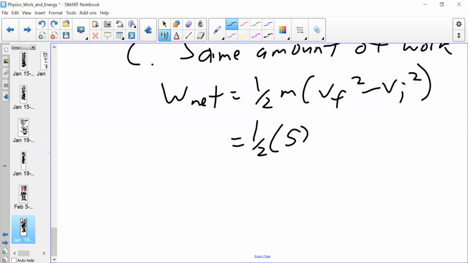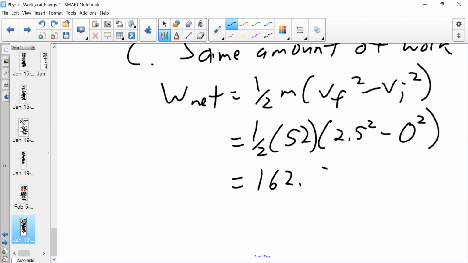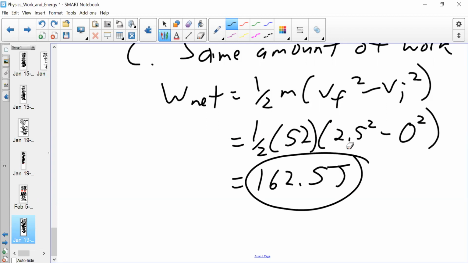She came from 2.5 to 0, and now she's going back to 2.5 from 0. So we're just changing our perspective on it. So 0 squared. That's that. It's the same amount.